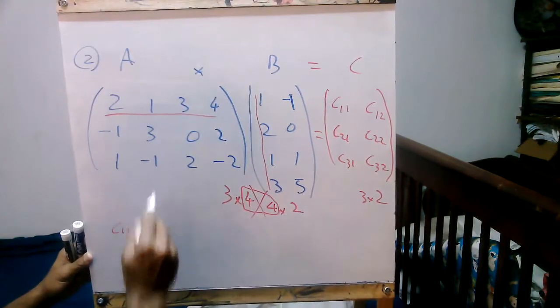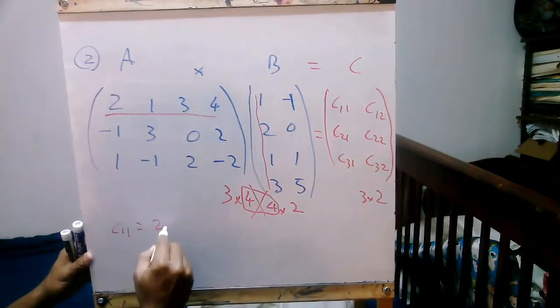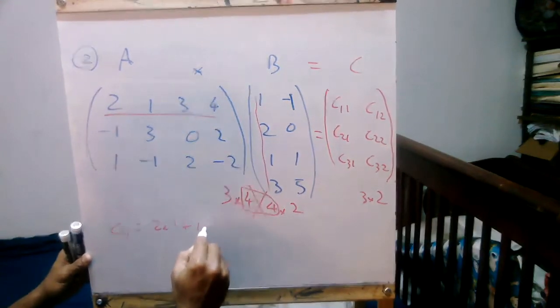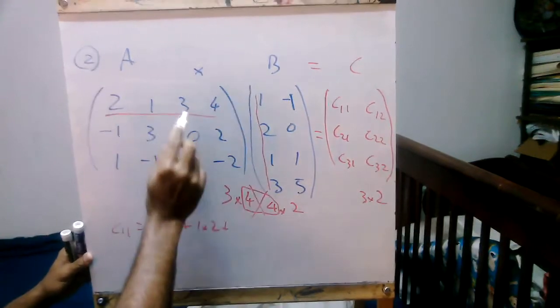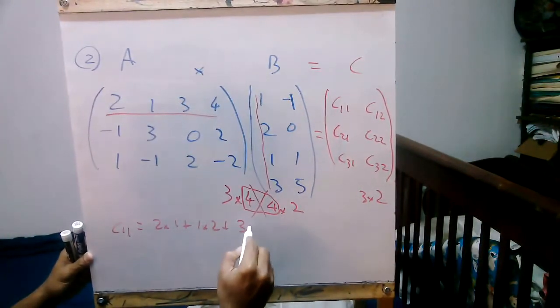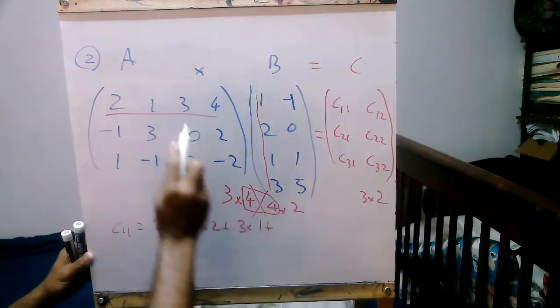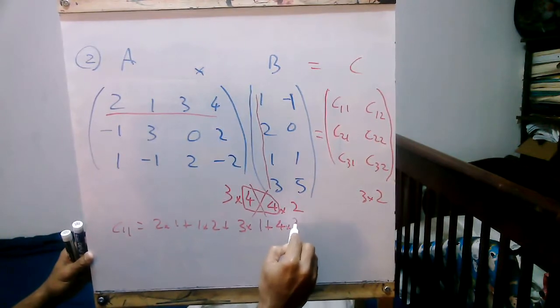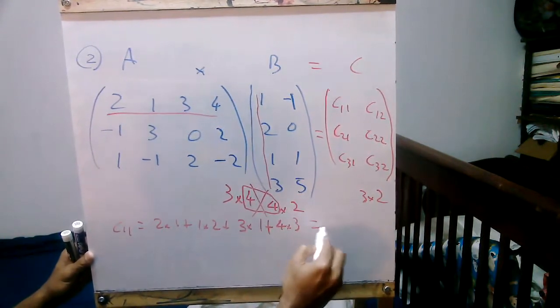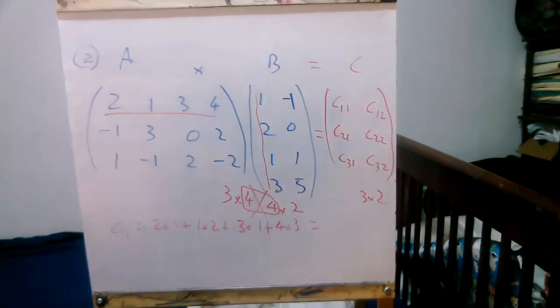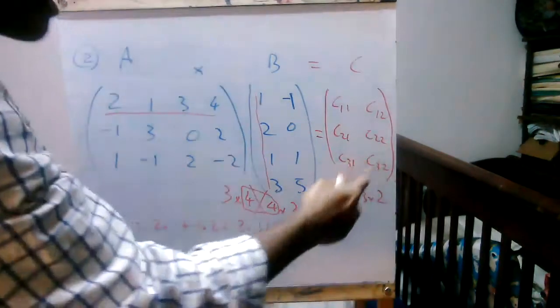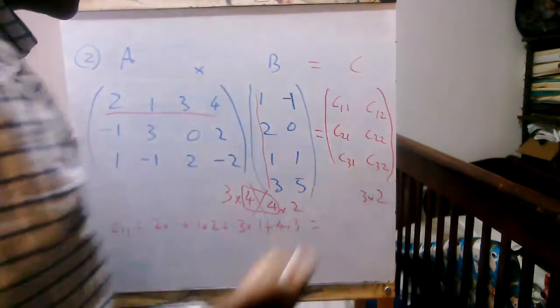This is equal to 2 times 1, 1 times 2, plus 3 times 1, 4 times 3. Right? Find the answer. Let's find another random one. Say if you want to find a random one, say this one, C32.